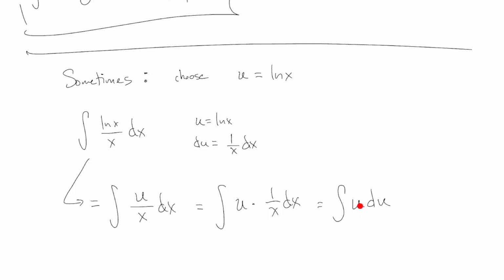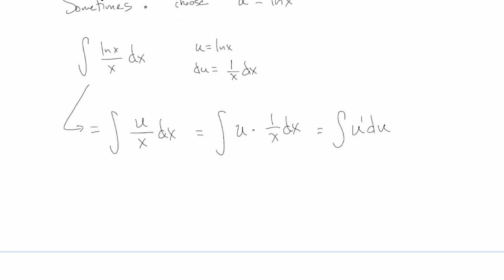Yeah, you think of this u as like u to the 1, and you just do the usual power rule here. I don't know if you were thinking about something about the ln's or whatever. Well, that ln stuff is behind us at this point. This is just u to the power 1, and so you do the integral, you get 1/2 u squared.